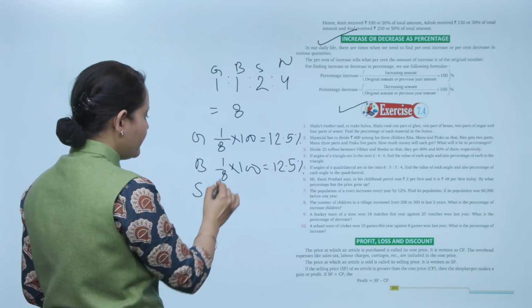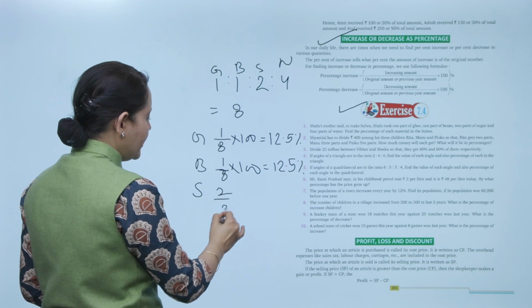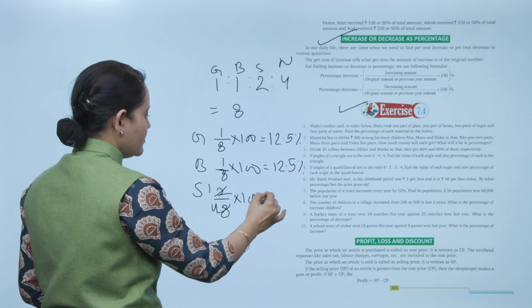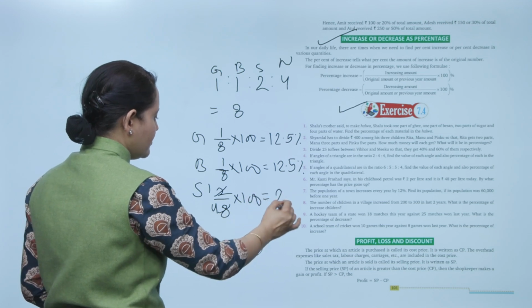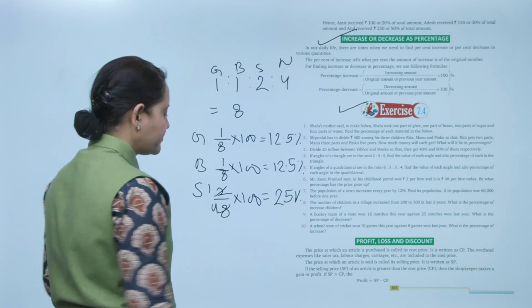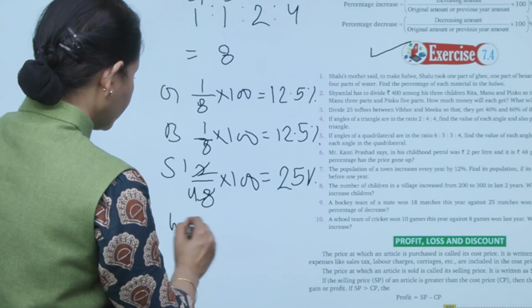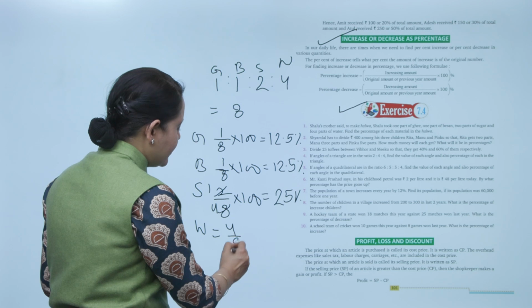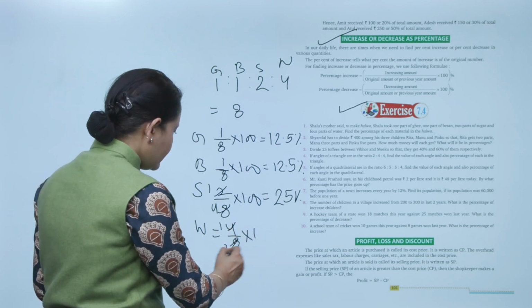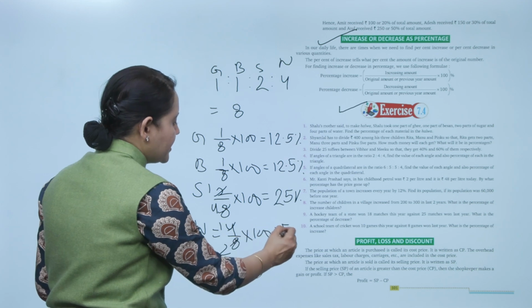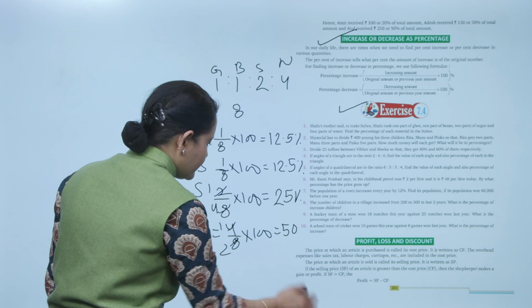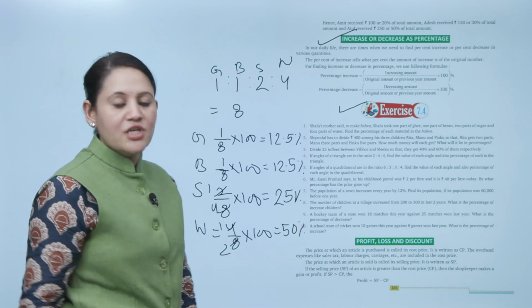Next is sugar, 2 by 8 into 100, 25%. Water will be 4 by 8 into 100, means 50%. Total 50% will be of water.